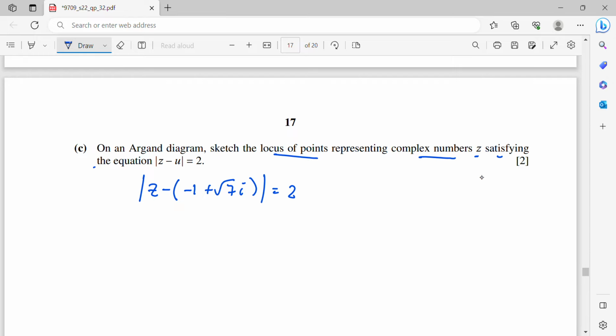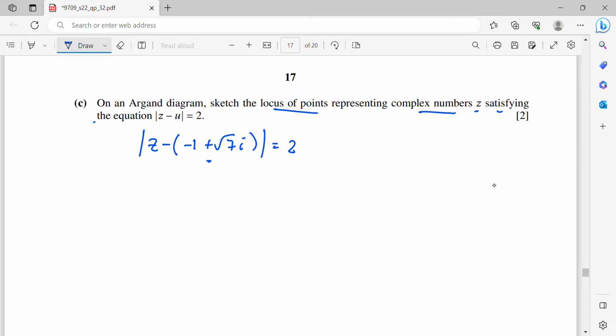So from here, you should understand that the minus 1 plus square root 7i, this is the complex number representing the center. Okay, so the radius is 2. So center is at minus 1, square root 7, and then the radius is 2.